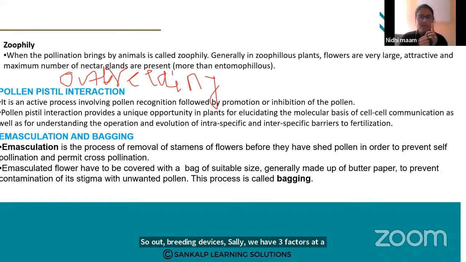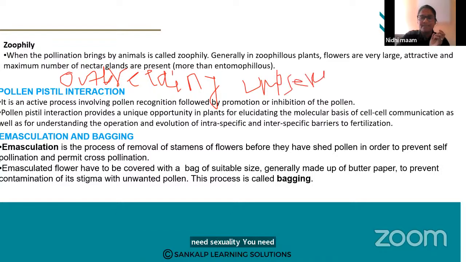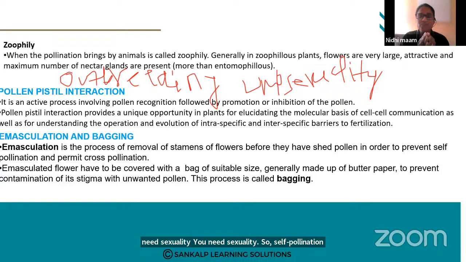One is monocliny, or we can say, sorry, unisexuality. Unisexuality, to avoid self pollination. Some of the plants will be having unisexual flowers. That is, in the same plant, the flower having the male reproductive part is separate, and the flower having the female reproductive part is separate. Both reproductive parts are not in the same flower. So by this they can avoid self pollination. The next one is, in unisexuality there are 2 types. One is monoecious.